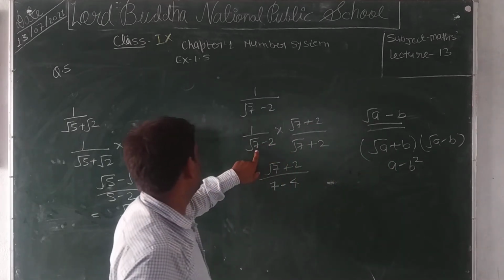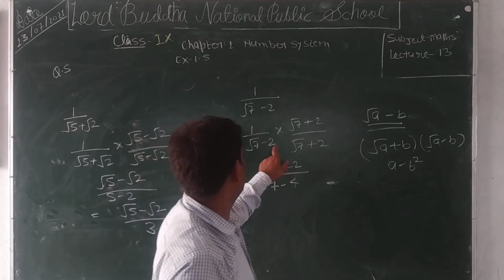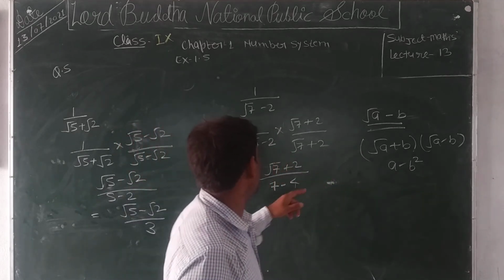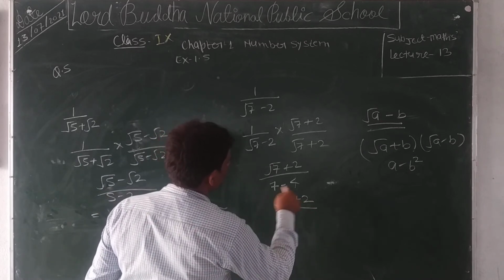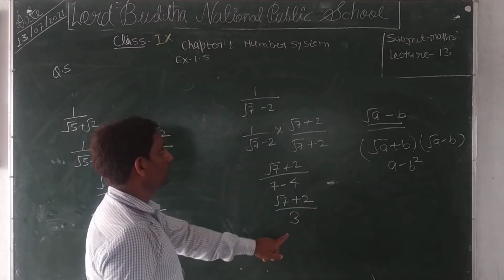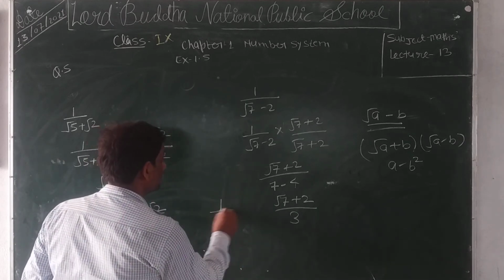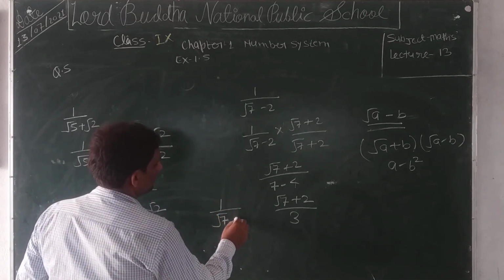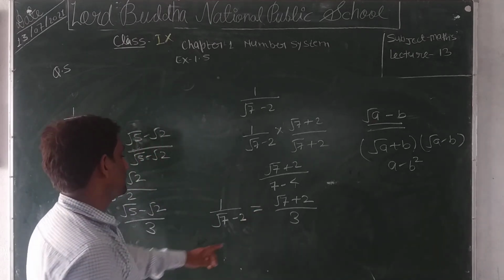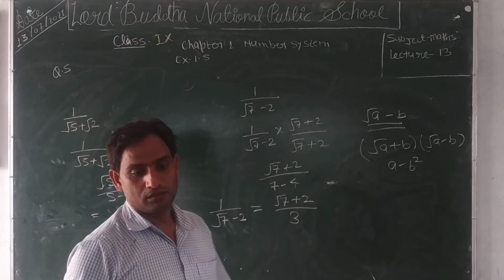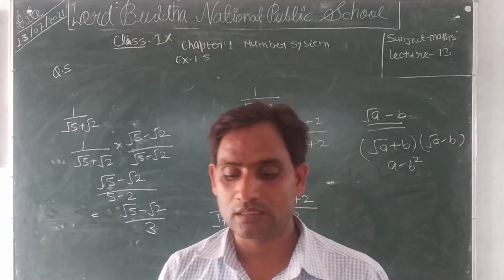Here a is 7, b is 2, square is 4. So root 7 plus 2 upon 7 minus 4, which is 3. 3 is a rational number. Clear? Hence our given number is with rational denominator 3. In this way this exercise is completed.